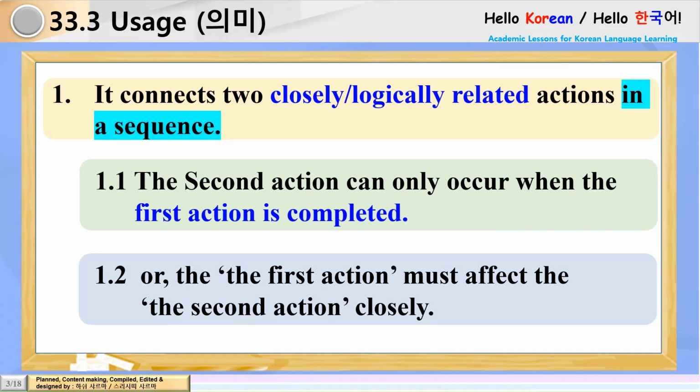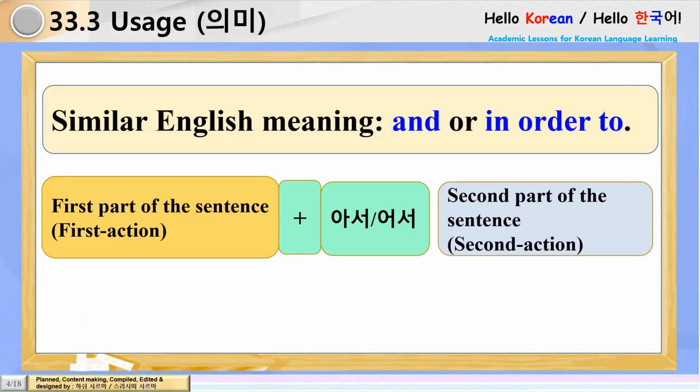Next, the similar English meaning of this grammar is "and" or "in order to". The first action is in the first part of the sentence and the second action is in the second part of the sentence.